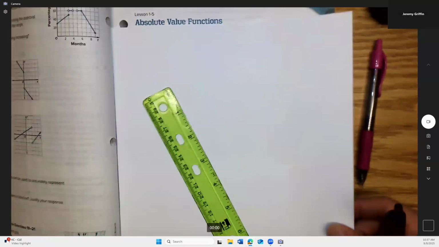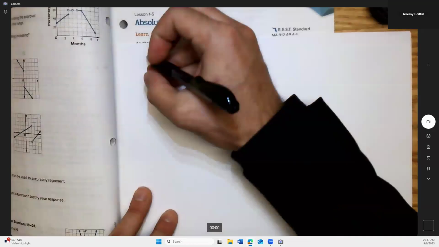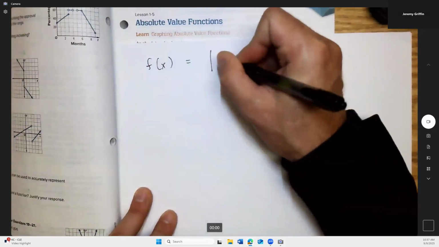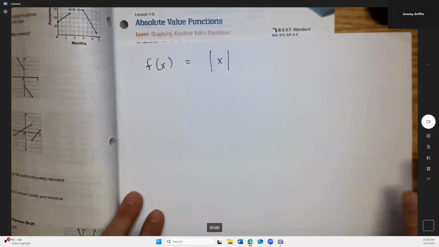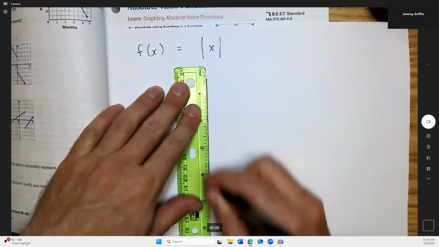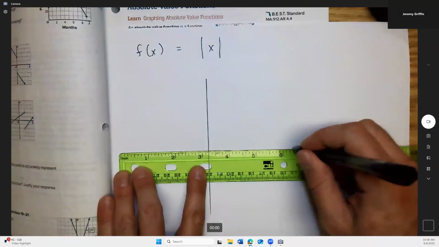Okay? So let's start with real basic. I'll say f of x, like a function, equals just very simply the absolute value of x. Okay, just that right there. And let's come up with a graph for this.